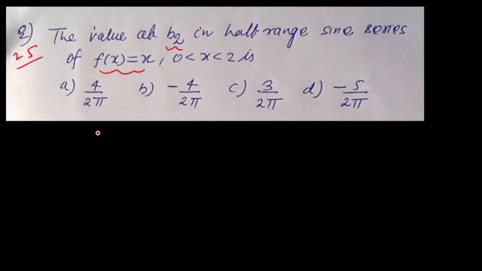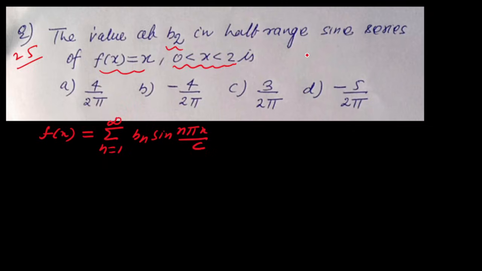So what is the half range sine series? I just wrote it earlier, but again I repeat it. The half range sine series is written as summation n varies from 1 to infinity bn sine n pi x by c, and you have to write half range sine series.